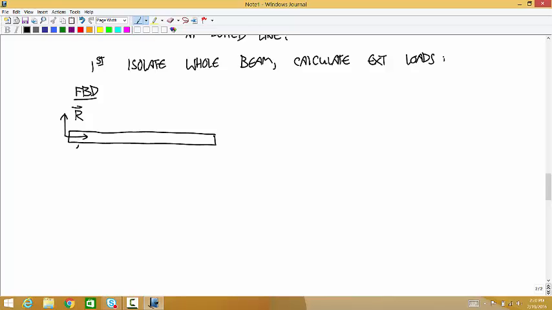So okay, I'll call it MR, the reaction moment. And then we also have a reaction couple that I'll call fancy TR, like the reaction torque.